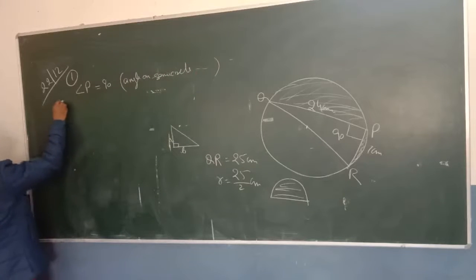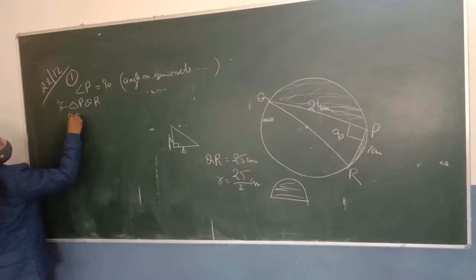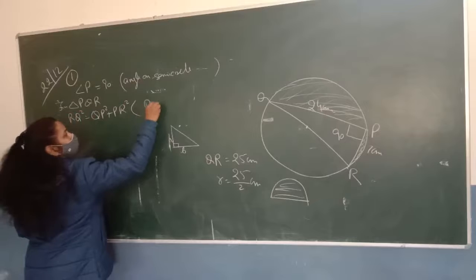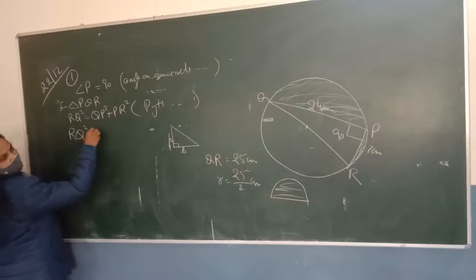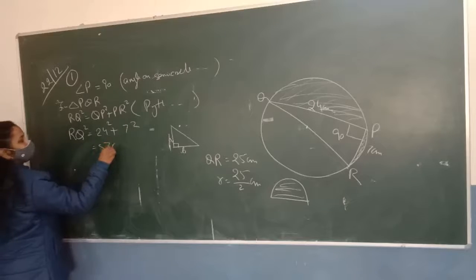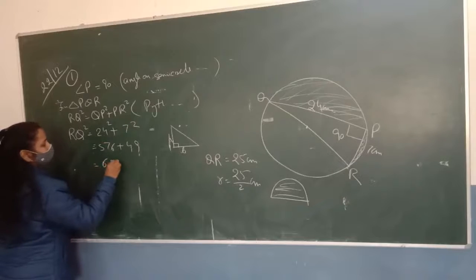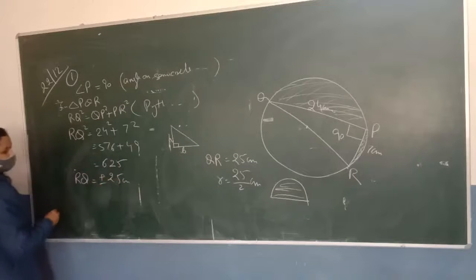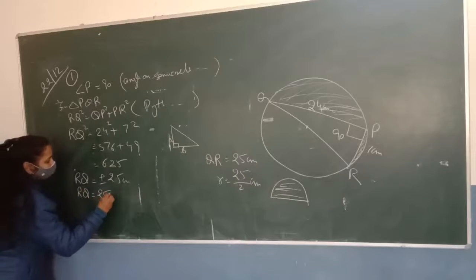So by using Pythagoras theorem in triangle PQR, QR square is equal to QP square plus PR square, which is 24 square plus 7 square. So 576 plus 49, the sum will be 625. So QR is equal to plus minus 25 centimeter. We have to negate the negative value, so QR is equal to 25 centimeter.